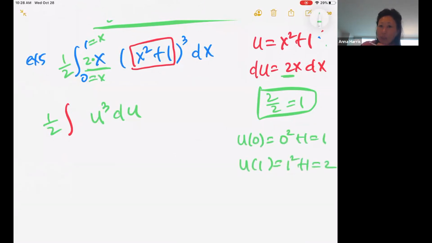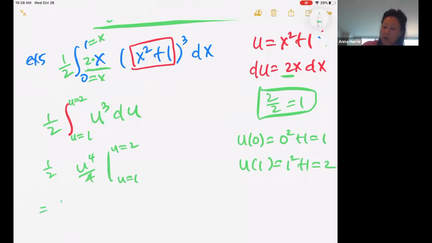So if you want, you can do this. u is equal to 1 to u equal to 2. All right, then you have 1/2 u to the 4 divided by 4, evaluating at u equal to 1 and u equal to 2.